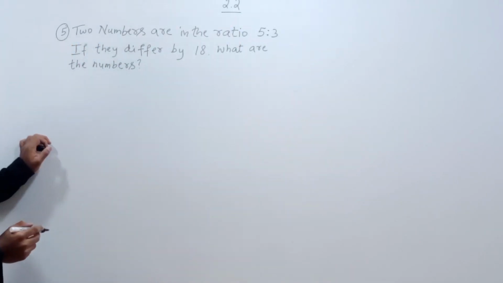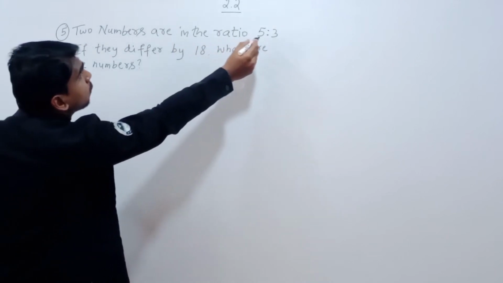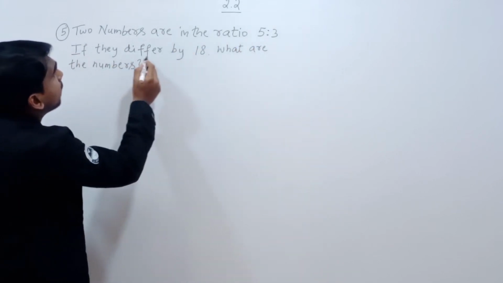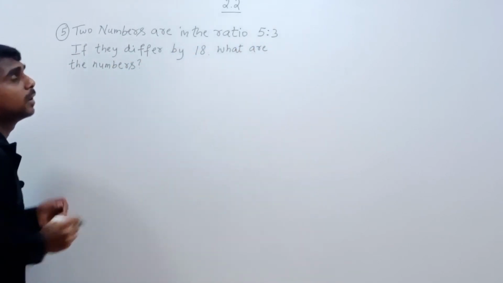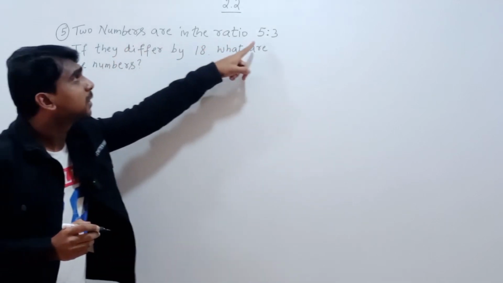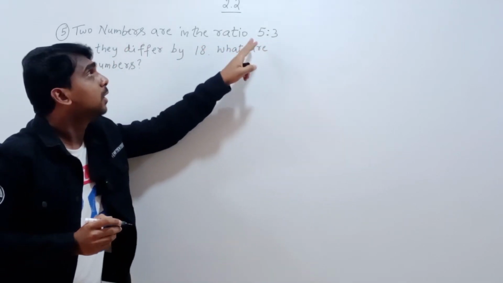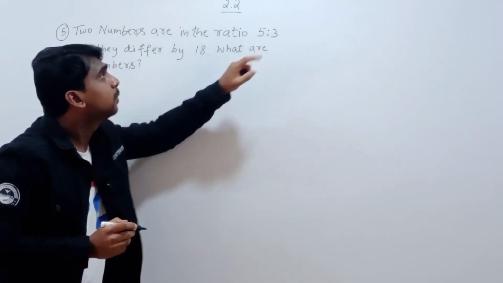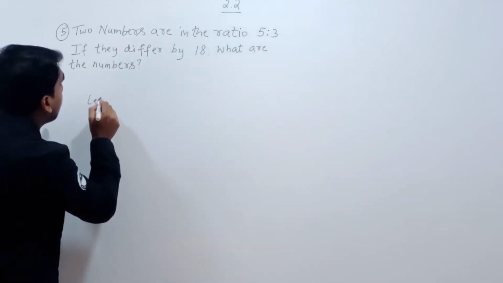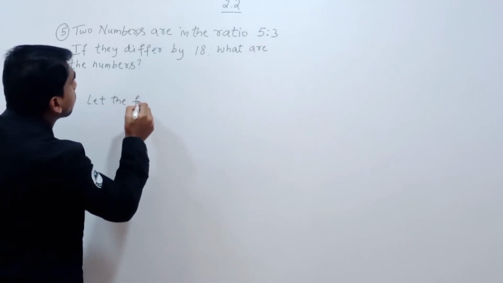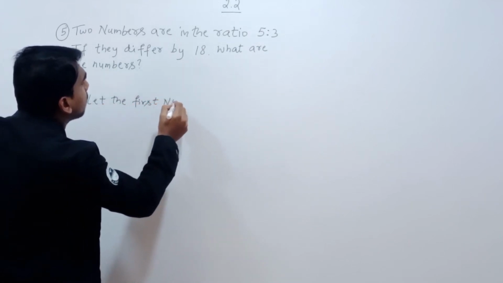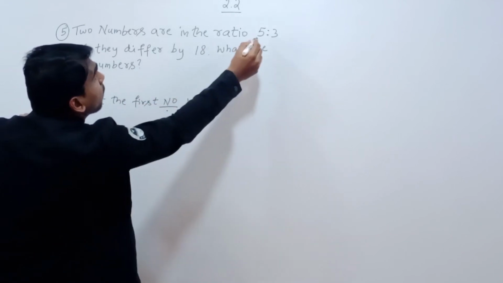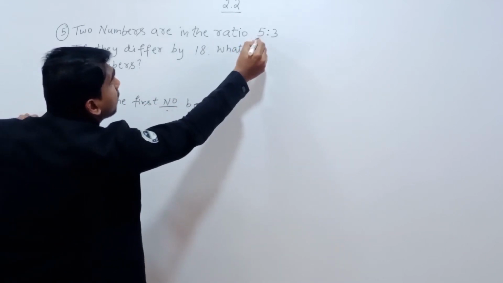Question number 5. Two numbers are in the ratio 5:3. If they differ by 18, what are the numbers? When the numbers are given in the ratio, let us see how to take the numbers. They have given 5:3, right? So we will take, let the first number be 5x, since first they have given 5.